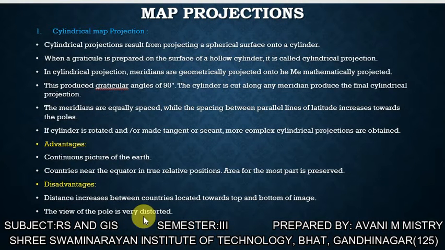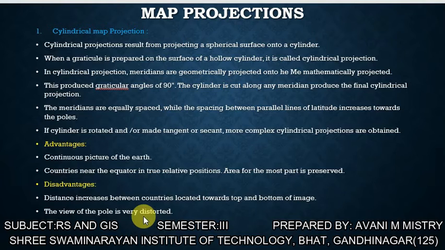Cylindrical map projection. Cylindrical map projections result from projecting a spherical surface onto a cylinder. When a graticule is prepared on the surface of a hollow cylinder, it is called a cylindrical projection.